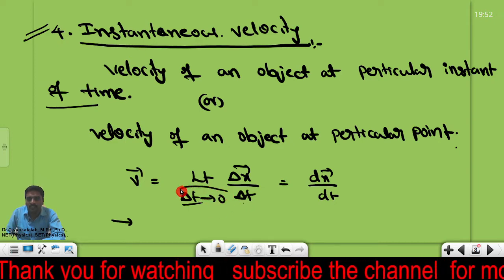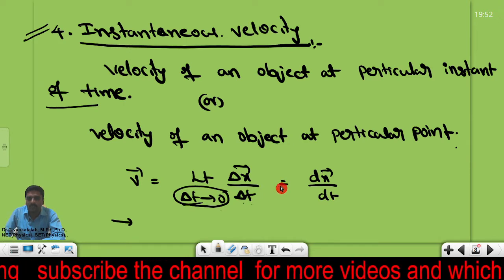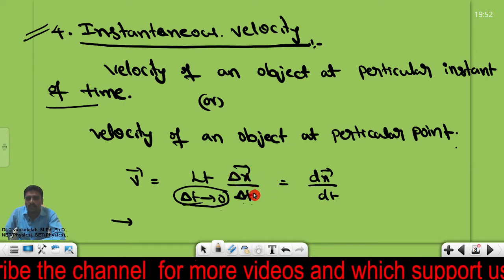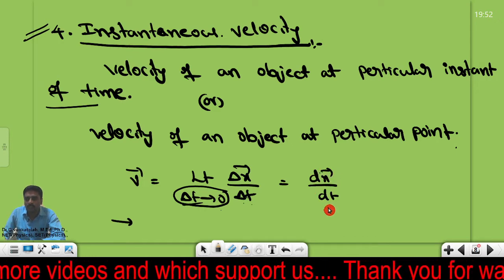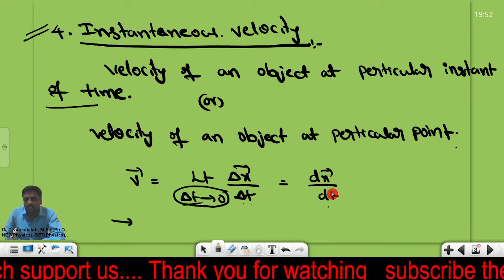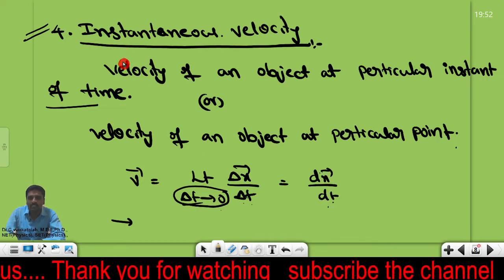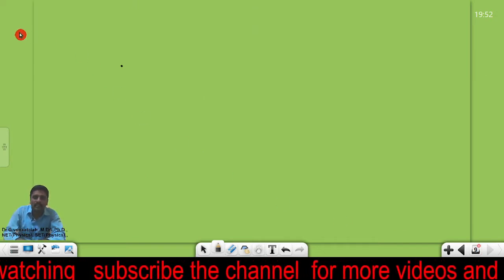That means the time interval is very small, near 0. Then the displacement covered by the body is the instantaneous velocity, equal to dx by dt. That is nothing but the first derivative of the displacement of the object at that particular instant.